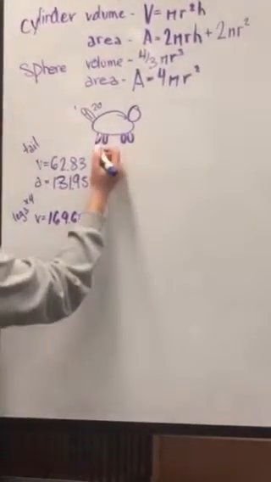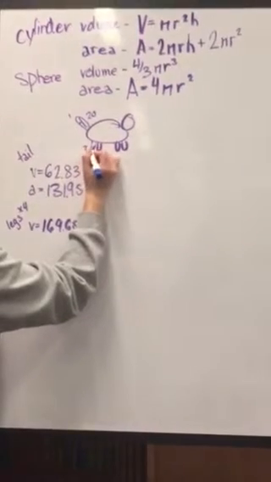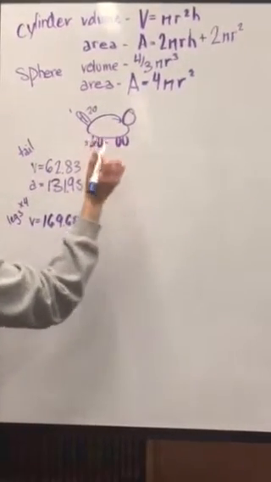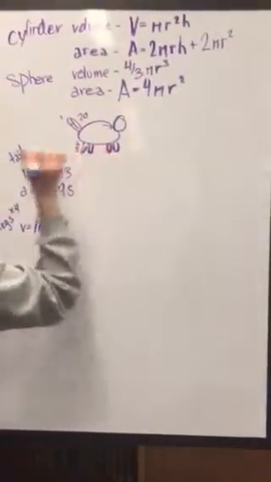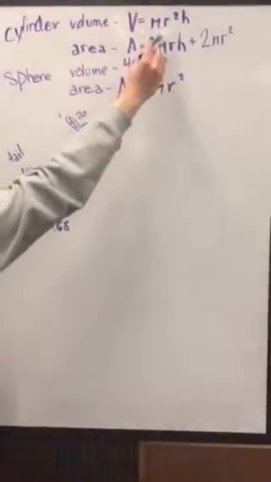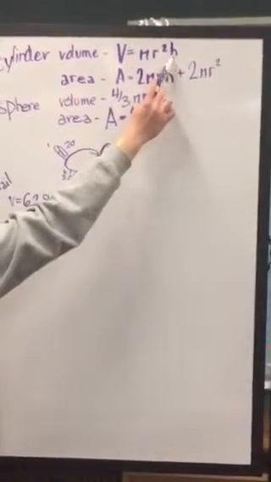So the radius of these legs is 3, and the height is 6 inches. So that's where we sub in the radius, we put 3, and the height would be 6.